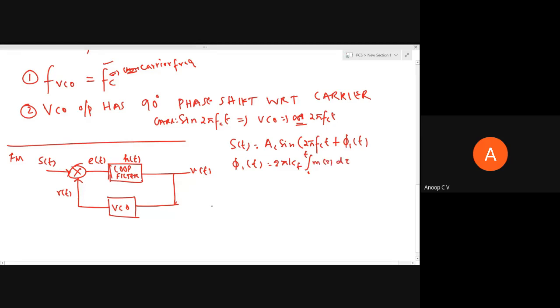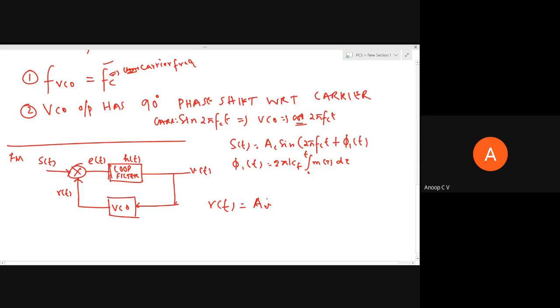Now we should write what this R of t is. We have these two conditions: when control voltage is 0, VCO frequency should be FC, and the VCO output has a 90-degree phase shift with respect to the carrier. Keeping that in mind, we can write R of t, the VCO output, as AV times cos, where AV is the amplitude of the VCO output.